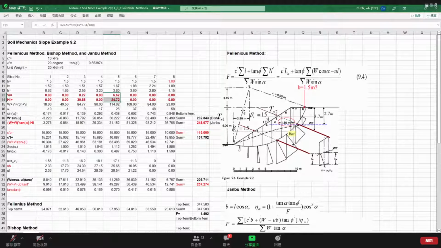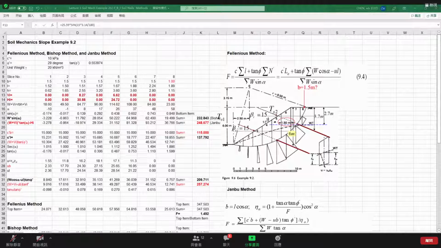Only these two. Because when we talk about the effect of the soil nail, we will take out, for example, slice 5, to consider the soil nail force as an external loading, right? Then we calculate the equilibrium of force along the vertical direction and along the shear force direction, if you still remember.